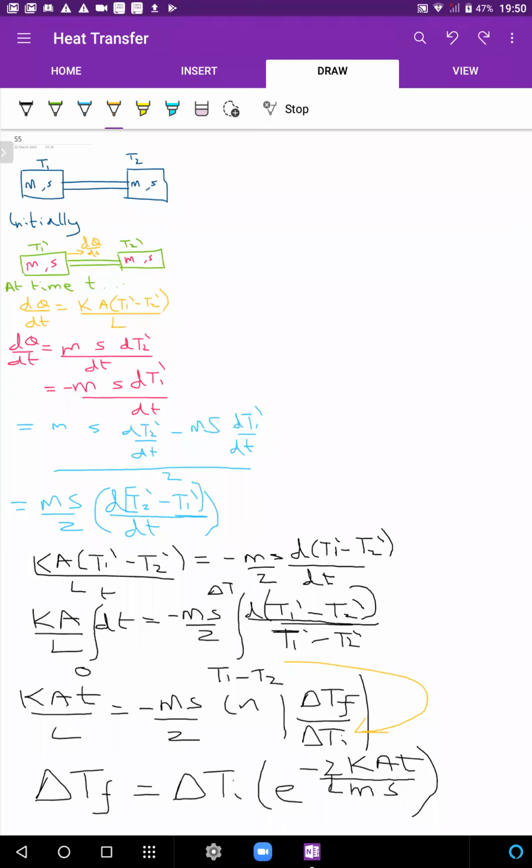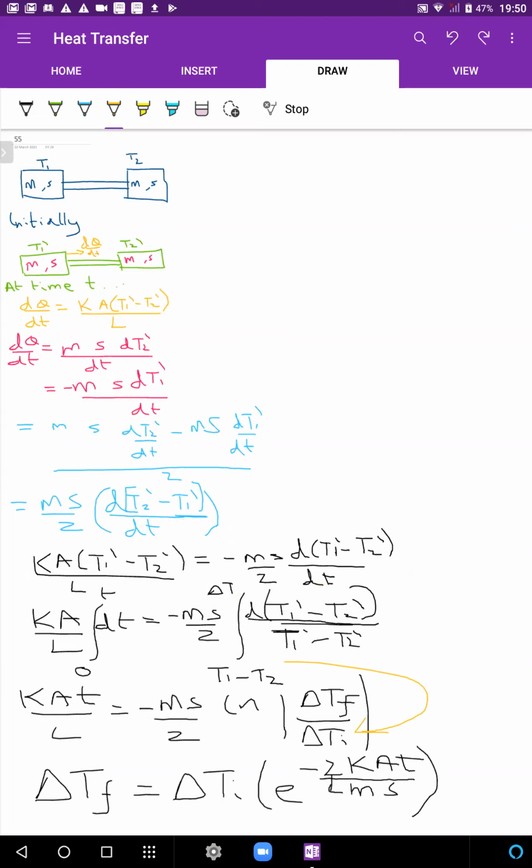ठीक है, तो एक तो ये dq by dt t1 dash minus t2 dash के terms में भी था और dq by dt उसके derivative के terms में भी था. तो I equated these two and I wrote this equation. ठीक है, and then there are two main variables here. One is time and one is temperature difference. T1 dash minus T2 dash is temperature difference. That's the other variable.